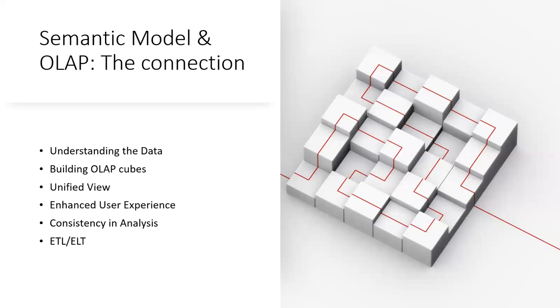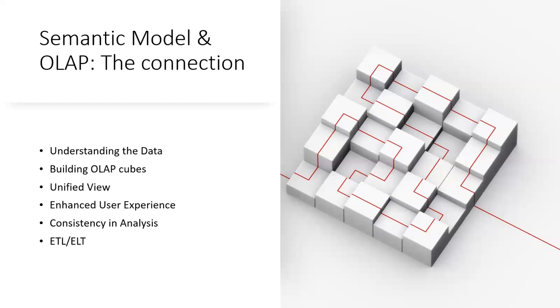Now, the last one is consistency in analysis. Because the semantic model provides a consistent definition of data elements, it ensures that OLAP analysis is accurate and uniform across the board. Whether one department is analyzing sales and another is looking at customer feedback, they are both working with a consistent understanding of the data.